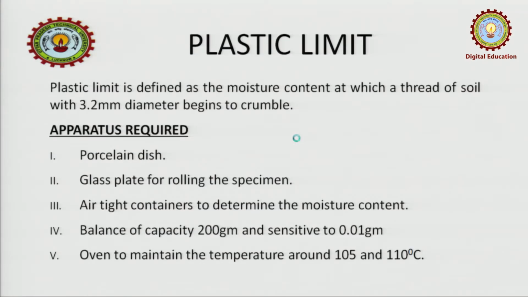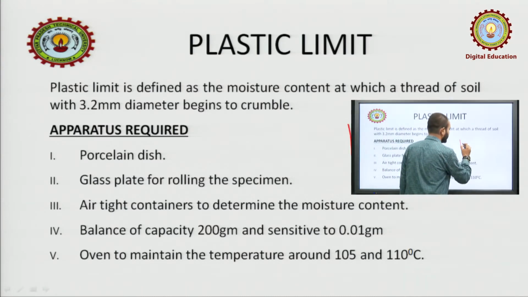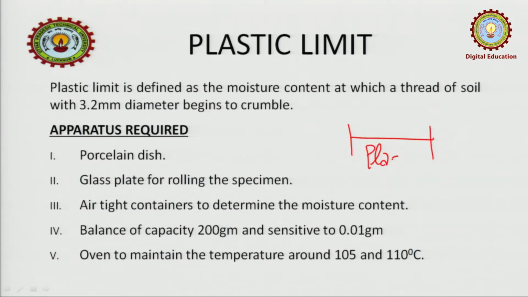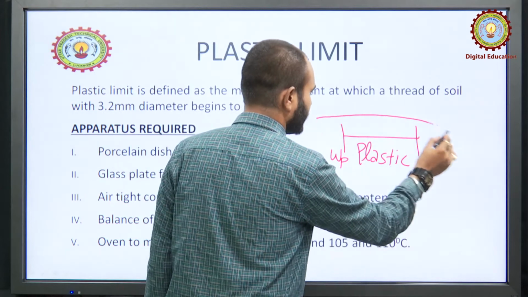What is plastic limit? In a broad form, plastic limit is the limit of the water content in which the soil remains plastic. Here, this is WL and this is WP, as shown in the diagram.